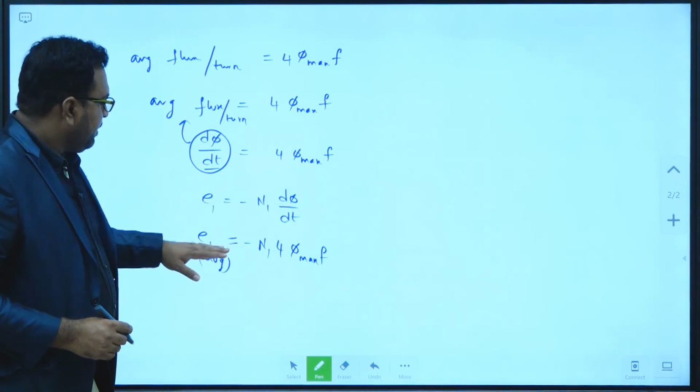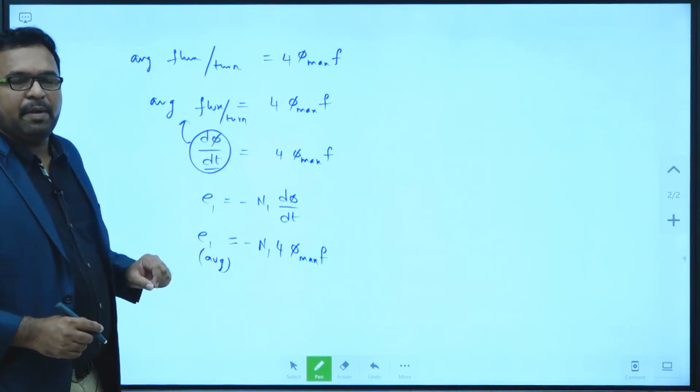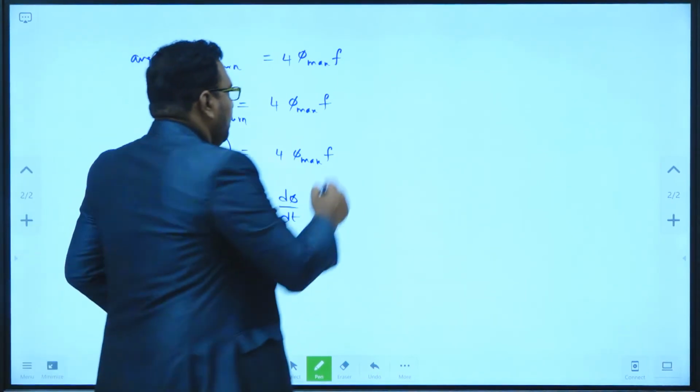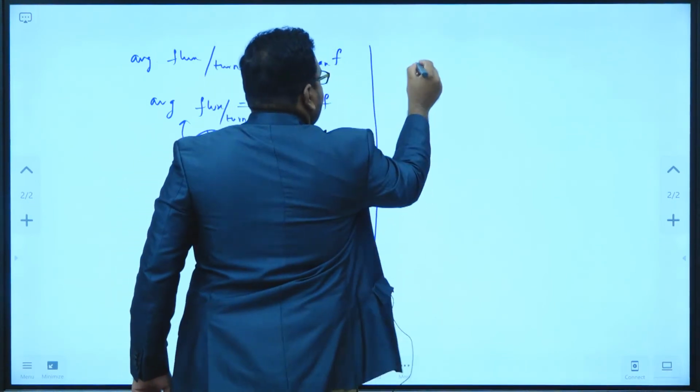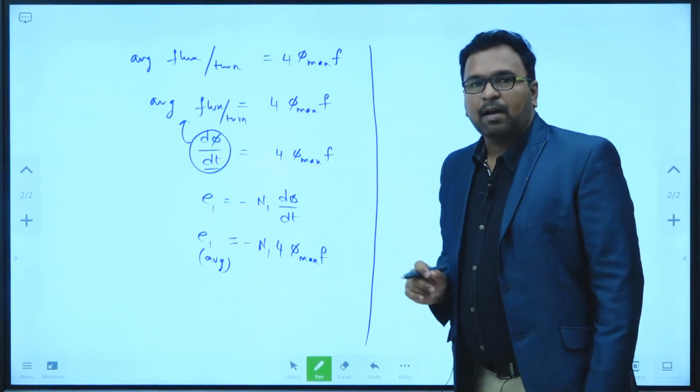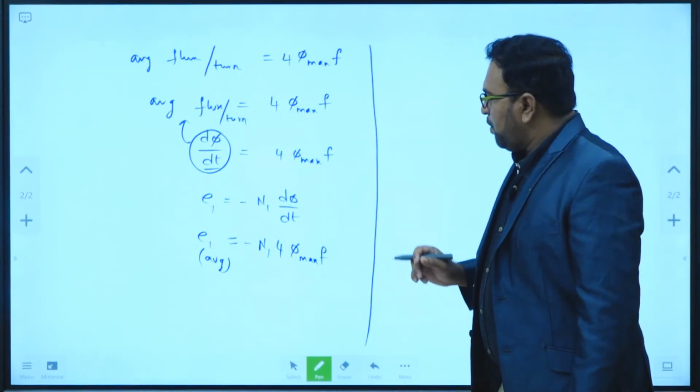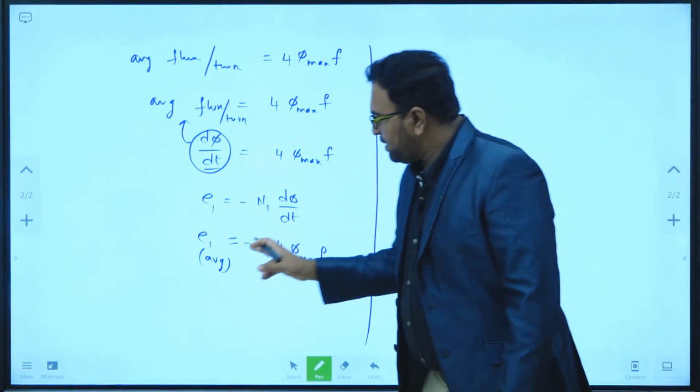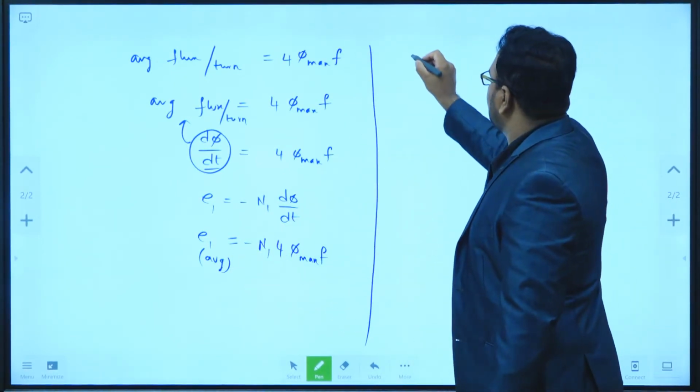As I told you earlier, the AC quantities are always measured in RMS values. Now how are you going to calculate the RMS value of the induced EMF? What is the factor that relates RMS and average values? Form factor.